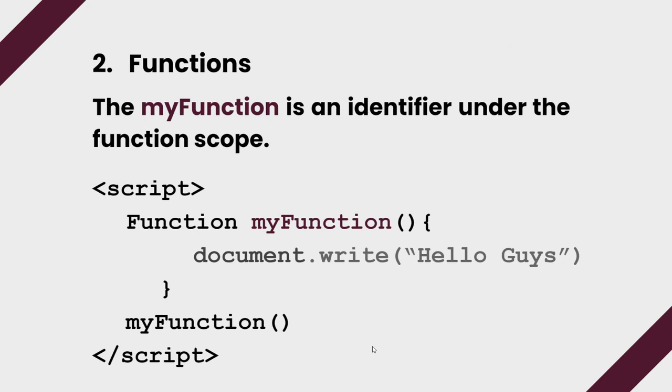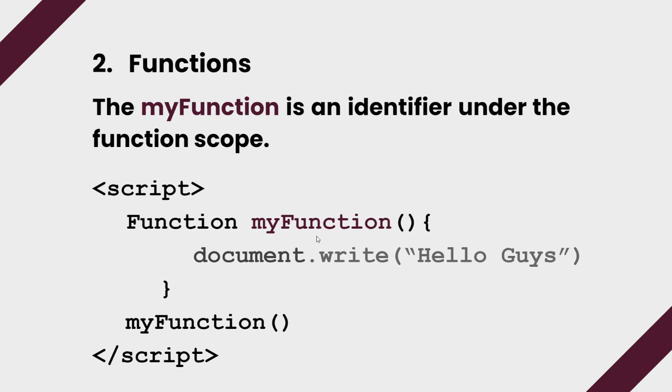So next we have the function scope. Now, we might not really know much about functions, but no need to worry. We'll talk about that in future classes. But for now, if you notice very well, within the script tag, we've defined the function using the function keyword, which is the first keyword right here. Next, we have the name of the function, which is myFunction.